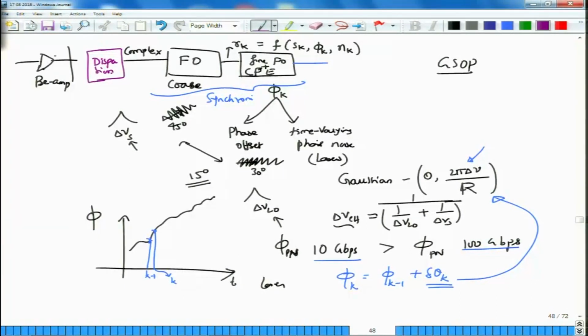The fiber would have introduced a lot of dispersion, and you have to compensate for it. After compensating for dispersion, which we are going to talk about in the next module, you do the coarse frequency offset correction, then fine frequency offset plus carrier phase offset plus the time varying phase noise, all of them go into the same terminology called carrier phase estimation.